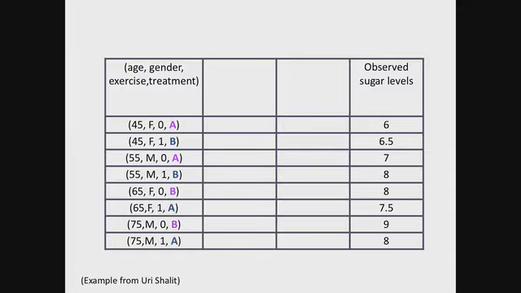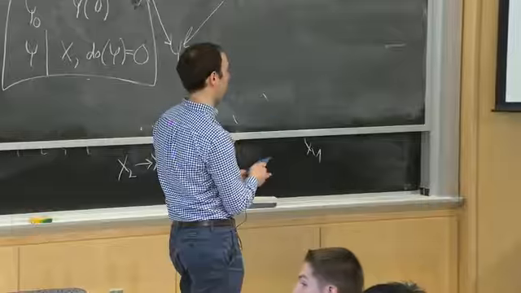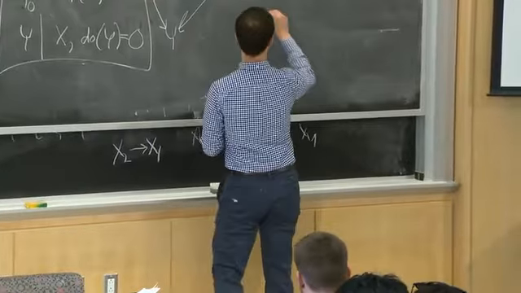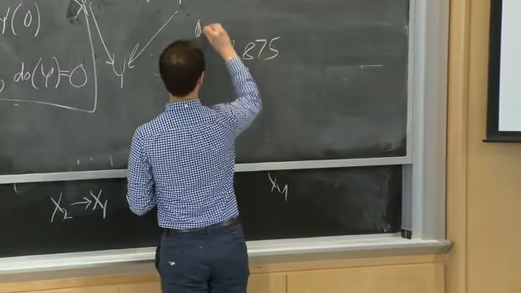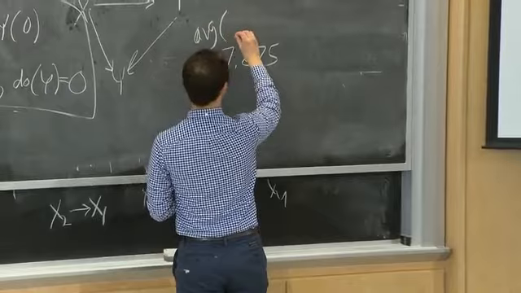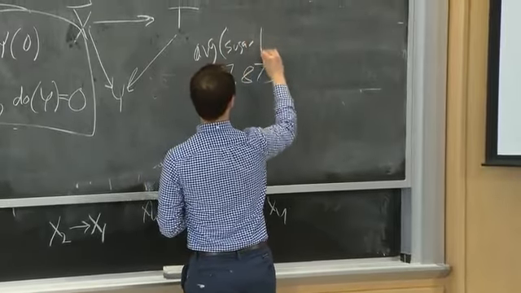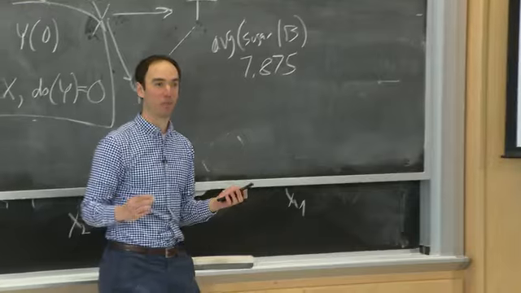And everyone should do that. What's the first number? 6.5 plus... I'm getting 7.875 for the average sugar given that they receive medication B. Is that what other people are getting?